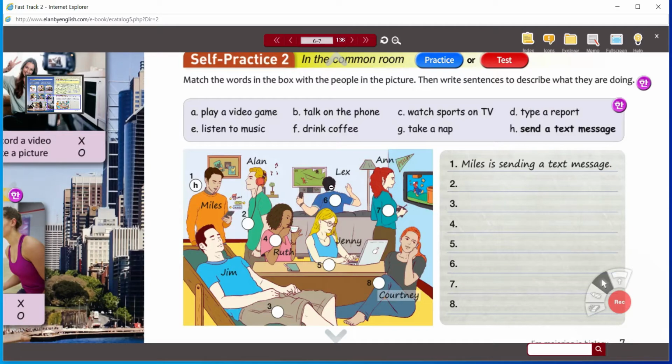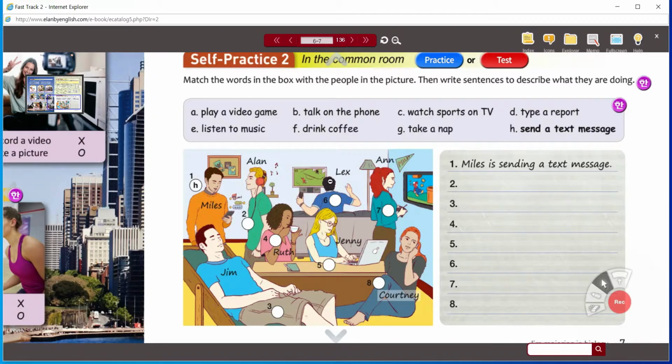Once you've finished matching the action with the picture, then you can write a complete sentence. So we have a subject, Miles. Okay. We know the verb send. We're talking about activities that are happening right now. So Miles is sending a text message. Okay. We see that in the picture. That's what he is doing right now.